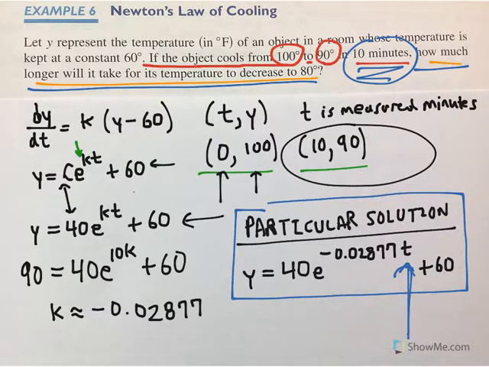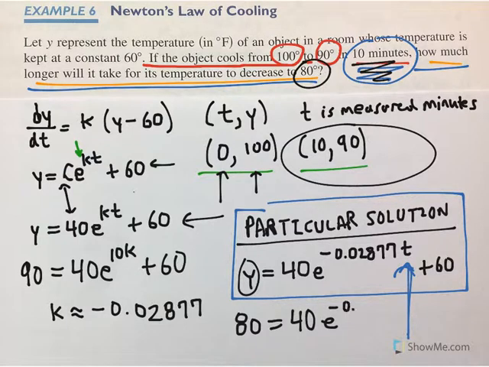So how much longer from 10 minutes will it take for the temperature to decrease to 80 degrees? So when will the temperature be 80 degrees? That's basically what we want to know. And how much longer is that after the first 10 minutes? So we set y, which is the temperature, equal to 80, and we solve this equation for t. That's what we need to do.